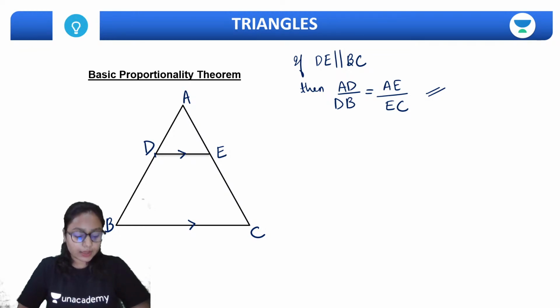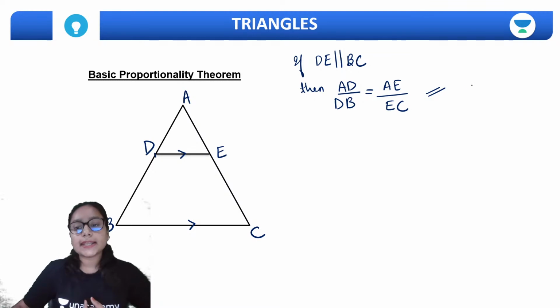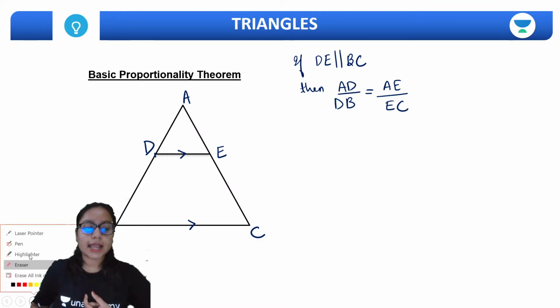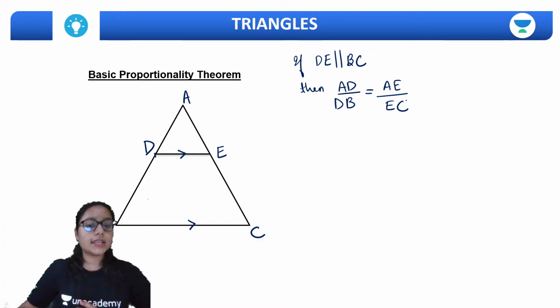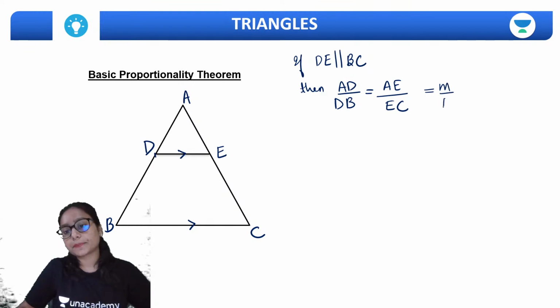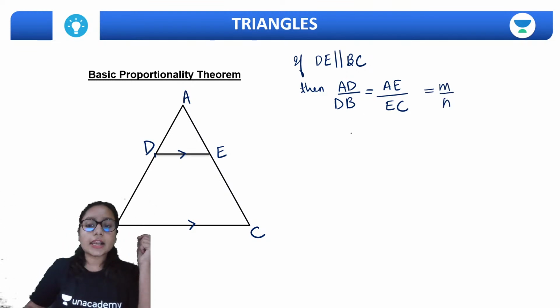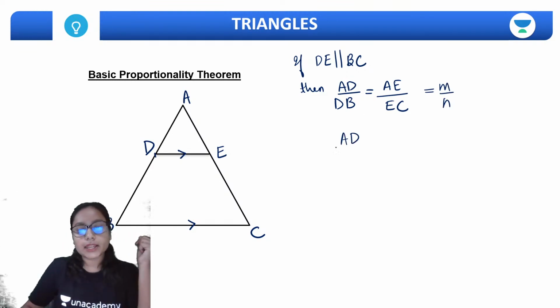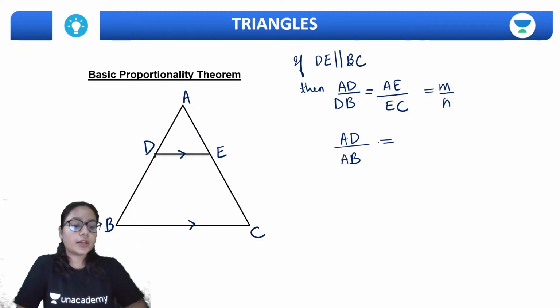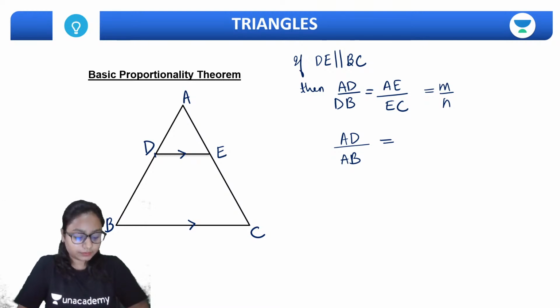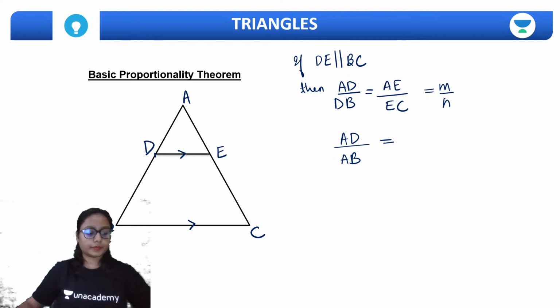Now suppose I take this ratio as m upon n. The ratio of the intercepts of the sides, AD upon DB and AE upon EC, is m is to n. Now, can you tell me what will be the ratio of AD upon AB? Please tell me. Try to find out.